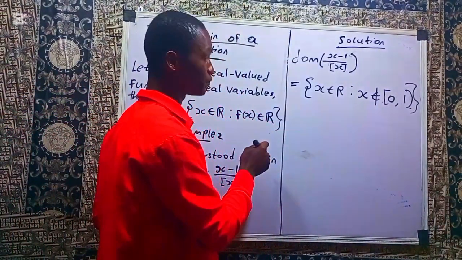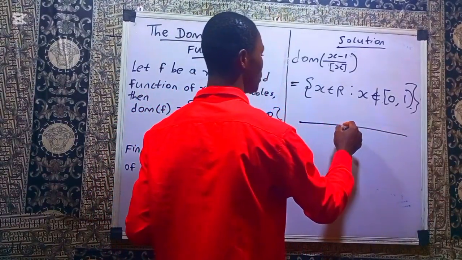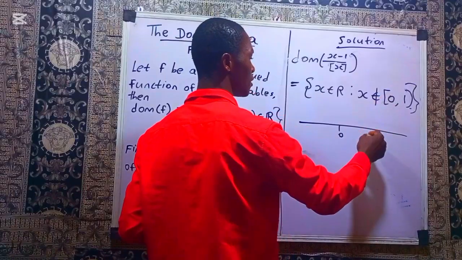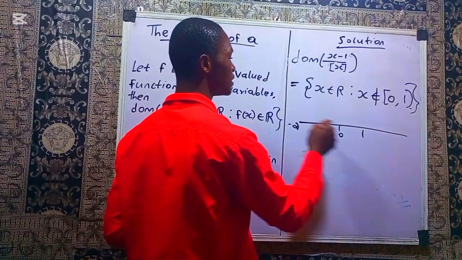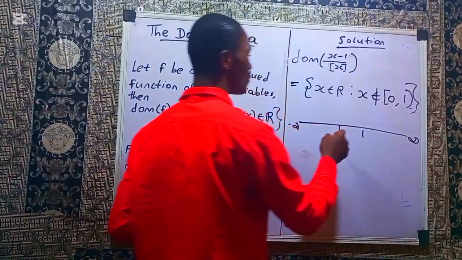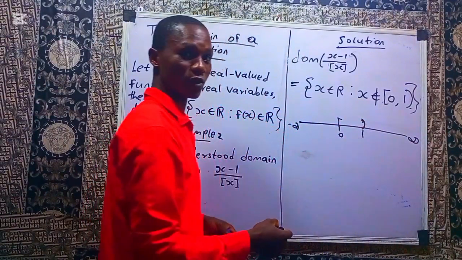So with this, if you have your real line like this, you have 0 somewhere, 1 is somewhere here, and this is negative infinity, this is positive infinity. We are removing this part.